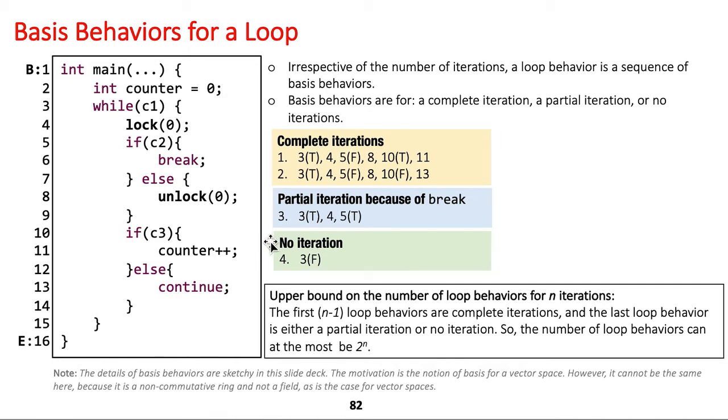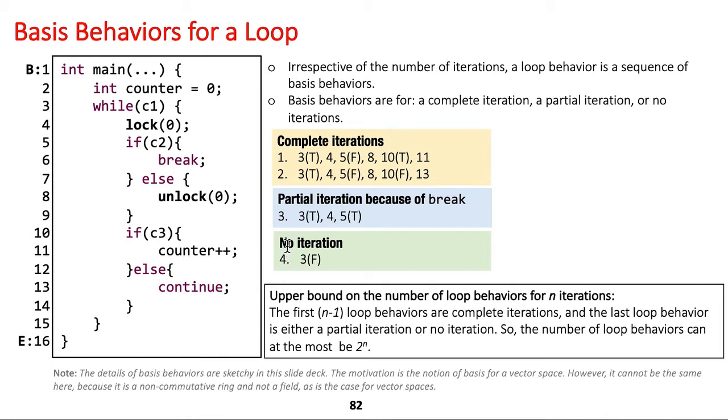So in this case, if we count the number of loop behaviors, if the loop iterates n times, the first n minus 1 iterations must be complete iterations. And there are two possibilities here for complete iteration. So for the first n minus 1 iterations, we have 2 to the power n minus 1 possibilities. For the last iteration, it can be either an exit with a partial iteration, or it could be simply an exit at the loop entrance itself, which we will call no iteration.